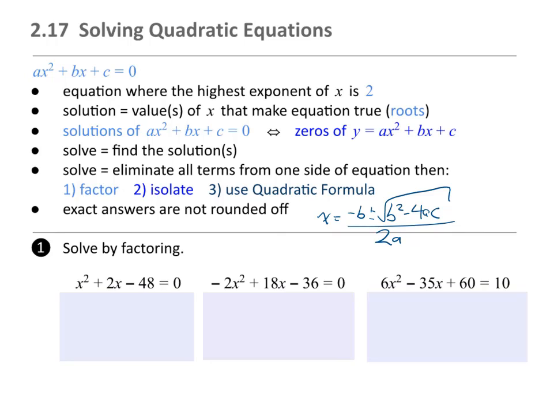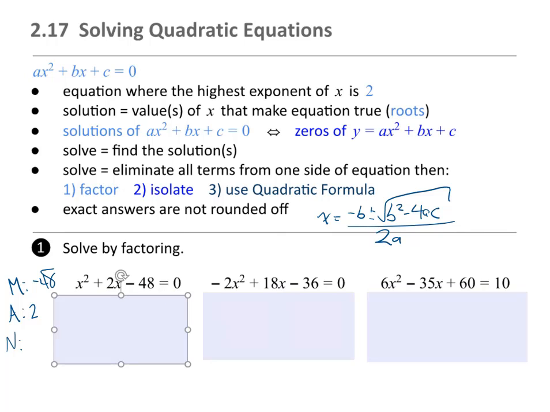So in our first equation here, we can't take out a common factor. We're going to check to see if we actually can factor this. What multiplies to negative 48, that is key, but adds to 2? Well, I'll give you a second to answer that.